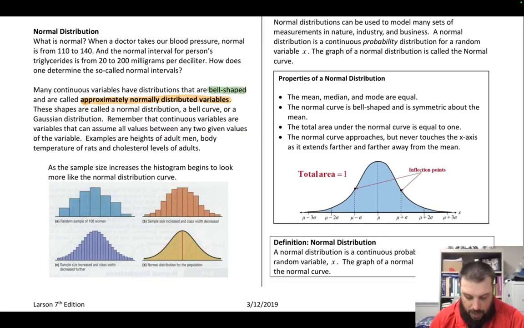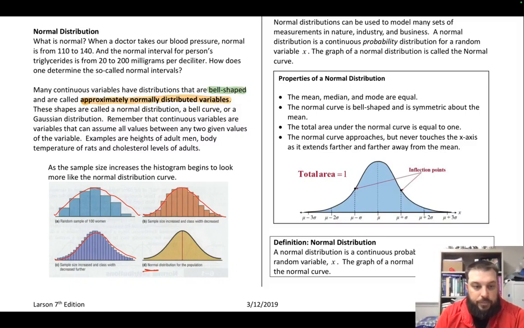As our sample size increases, the histograms you build look more like a normally distributed curve. This last one is our normal.